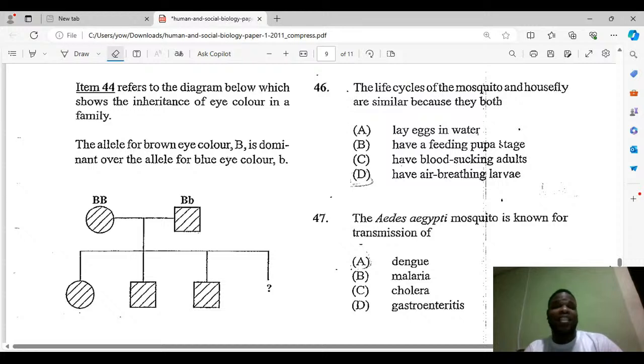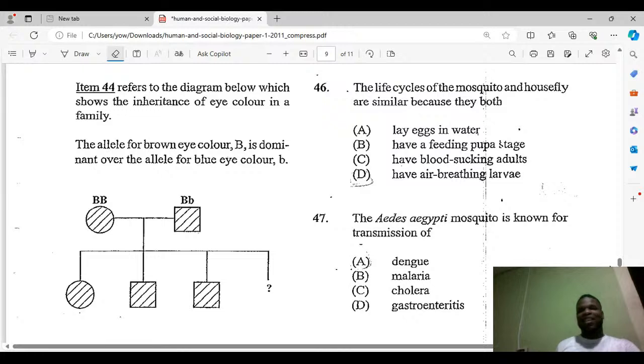Then you ask, C, have blood sucking adult. Obviously flies can suck blood. So the only thing that is common to both is that they have air-breathing larvae. So the answer is actually D. So that's how you have to work it out, guys.